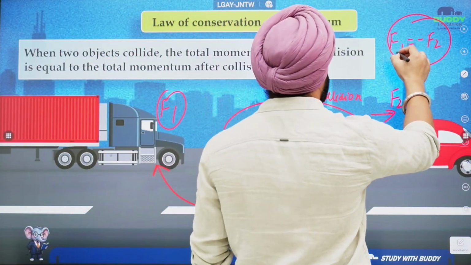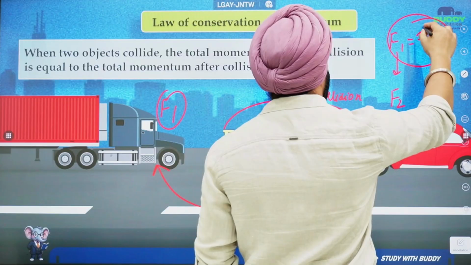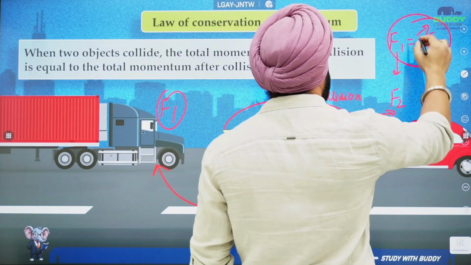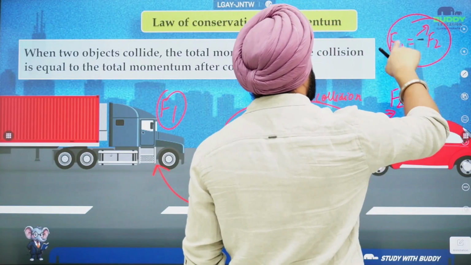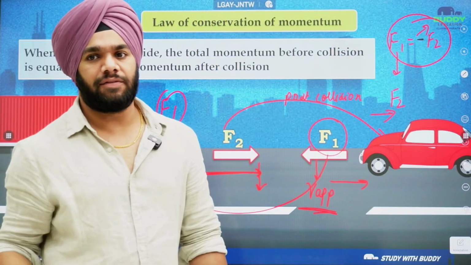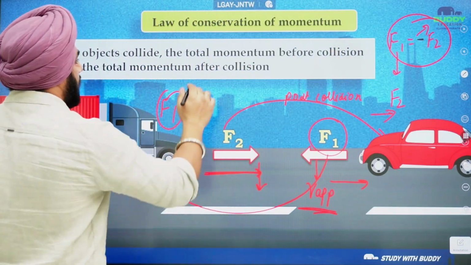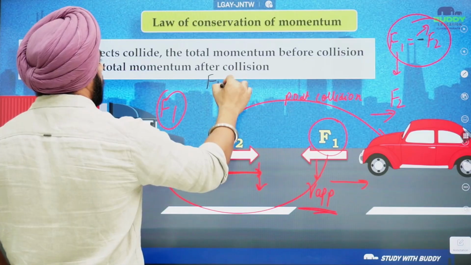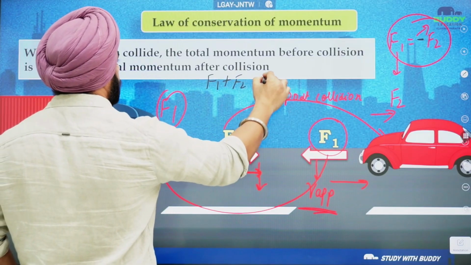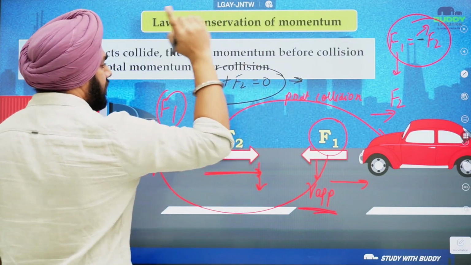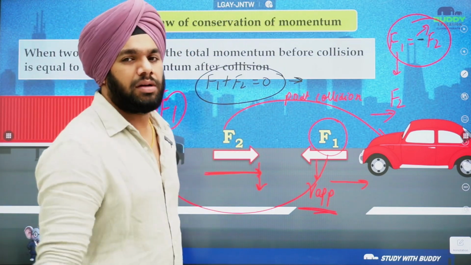So F1 is the action, and for opposite we make it minus. So F1 will be equal to minus F2, or we can also write this as F1 plus F2 is equal to 0. See, again the net external force is 0, right?